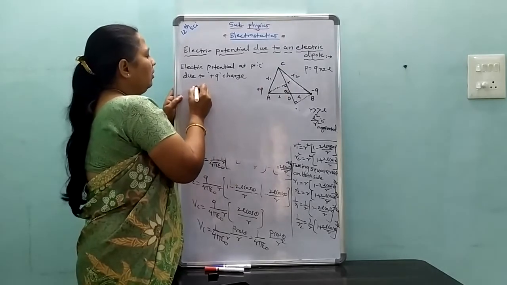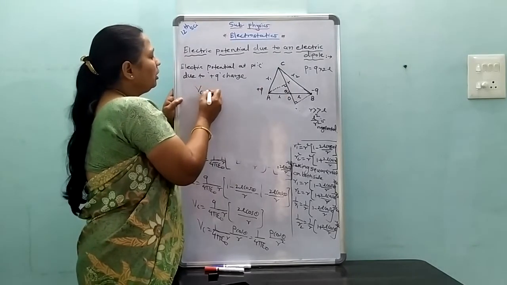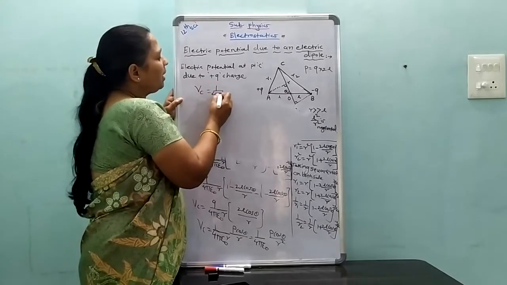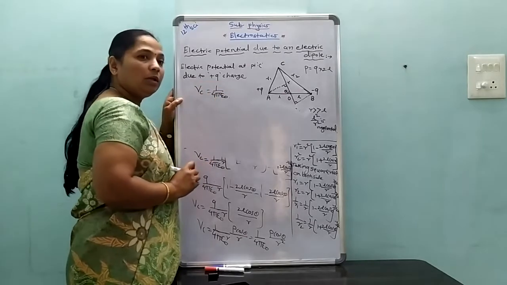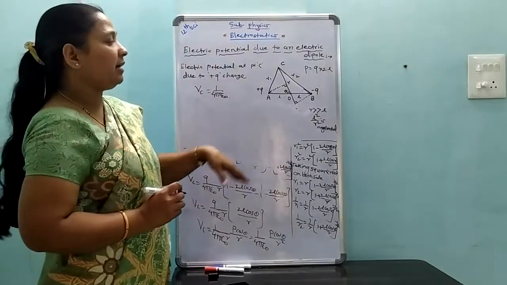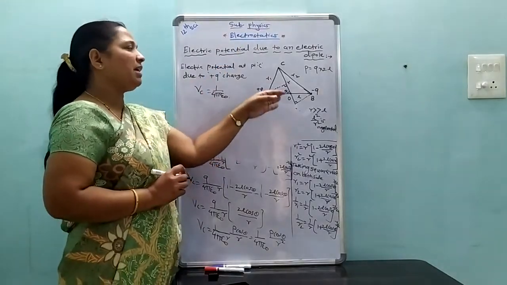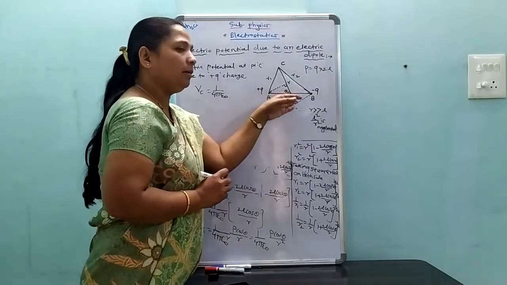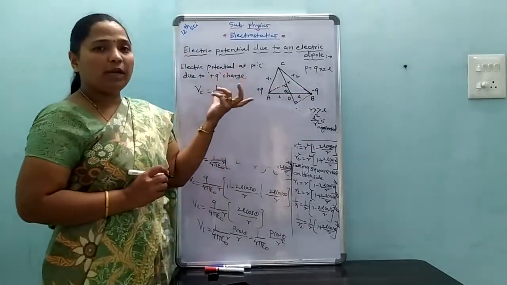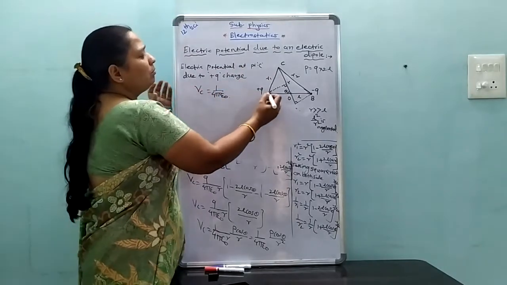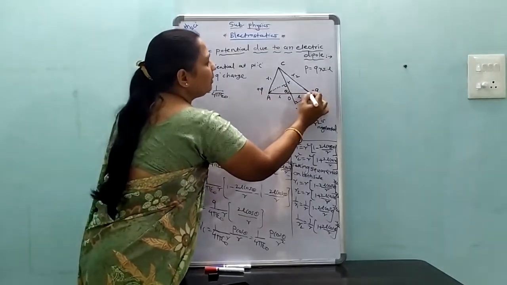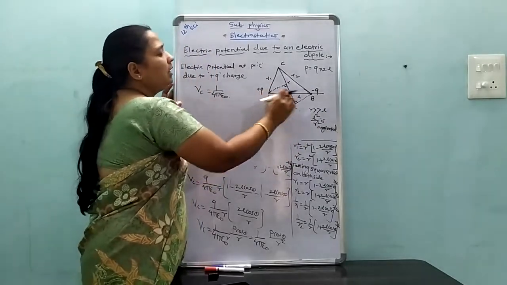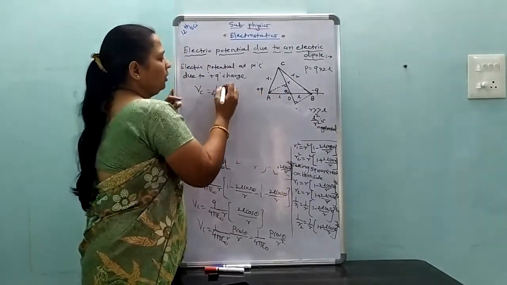Therefore, electric potential V is equal to 1 upon 4 pi epsilon 0. C point lies on its axis. Axis means the line passing through both charges and the center is known as the axis of the dipole. Therefore, the C point lies on that axis, so theta is equal to 0.